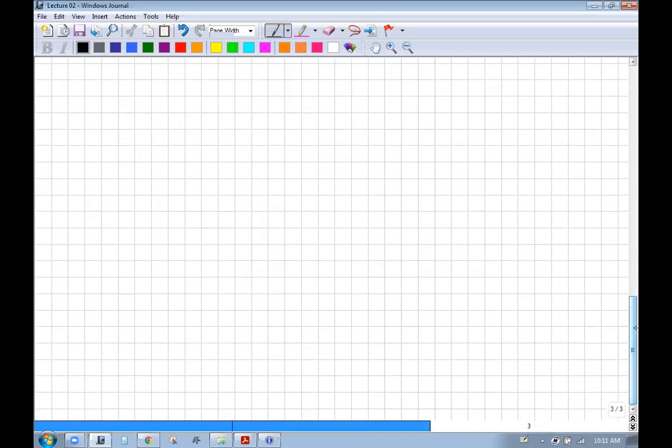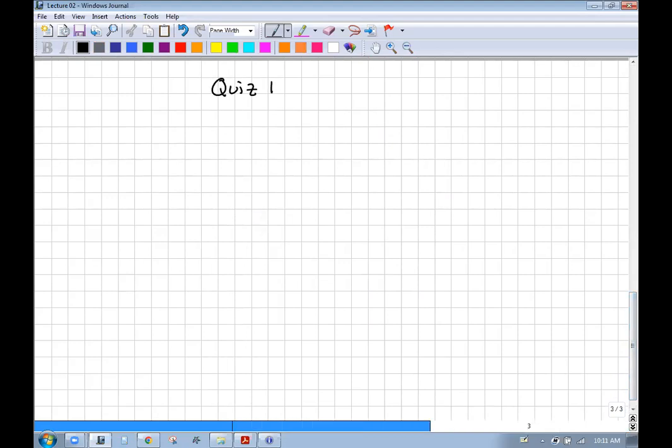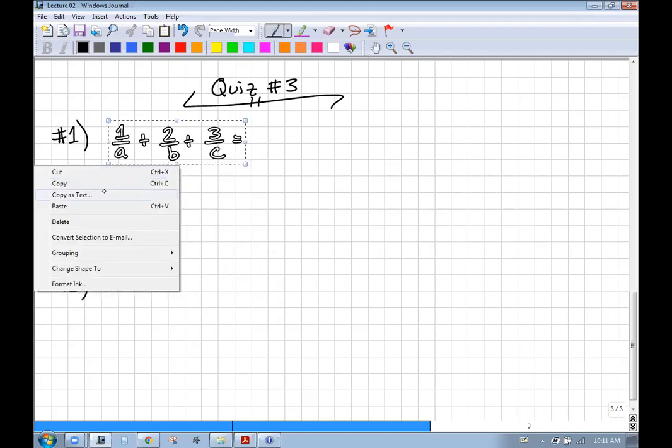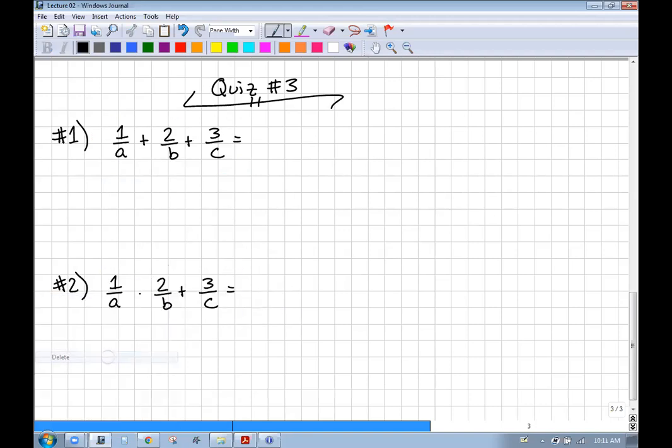All right, now that we've got the exam done, we're going to have the quiz for today. This is going to be quiz number 3. Since we haven't covered any material yet, I'm going to give you some more fractions here. I want y'all to add 1 over A plus 2 over B plus 3 over C. And this one, let me change that to a minus.